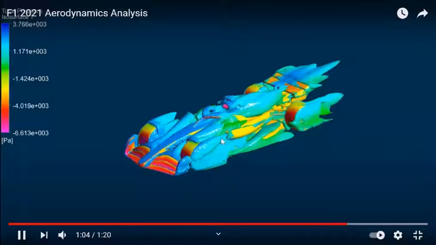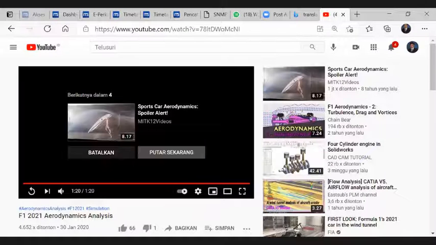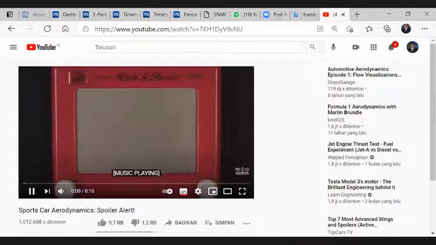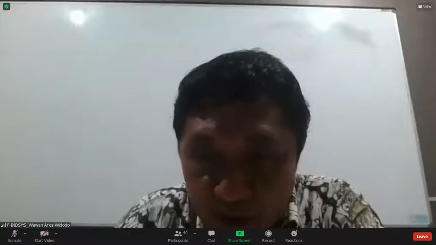The pressure is high in the blue area, and the red is low pressure. This is an example of the numerical simulation. Sorry, stop screen share. I will go back to the PowerPoint.